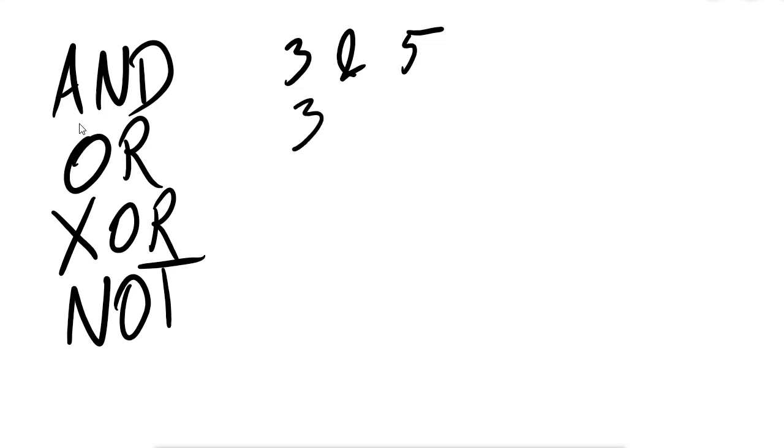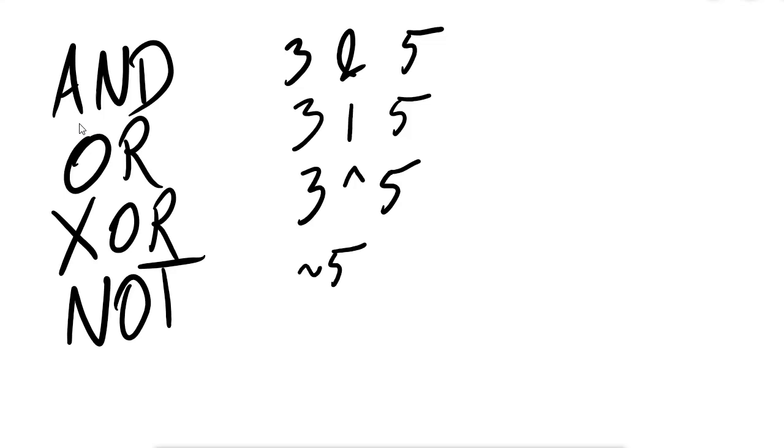We can write 3 or 5. We use one pipe to indicate that it's a bitwise operator. Then we have exclusive OR, which is the little caret sign. So this is 3 exclusive OR 5. And for the not, if we have a tilde, that is the not. So let's look at what each of these mean.